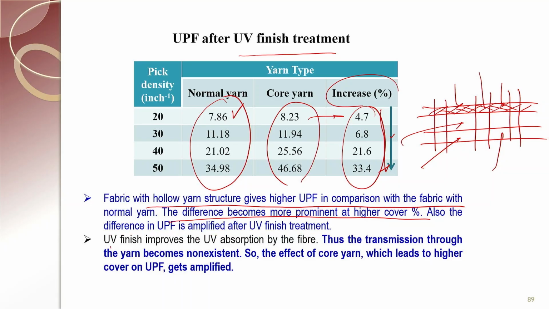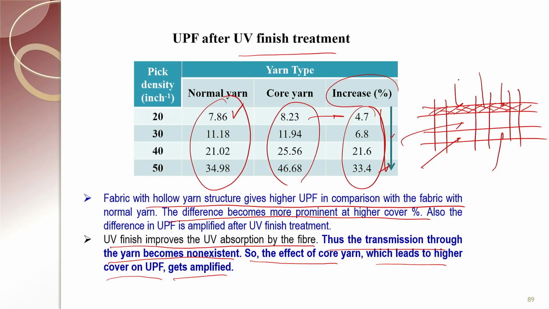So, UV finish improves the UV absorption of the fibers, the fiber also absorbs the UV ray, thus the transmission through the yarn becomes non-existent. So, through yarn the UV transmission will not be there. So, the effect of core yarn which leads to the higher cover gets amplified.